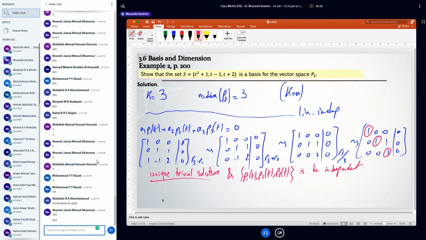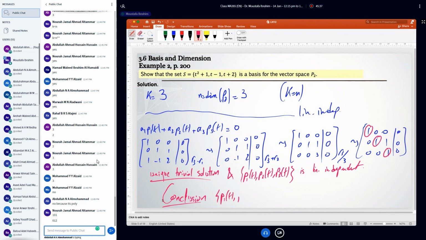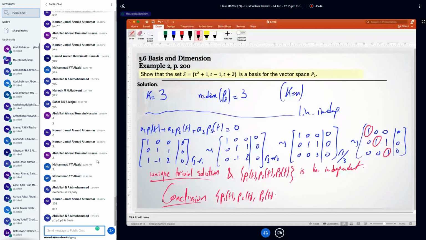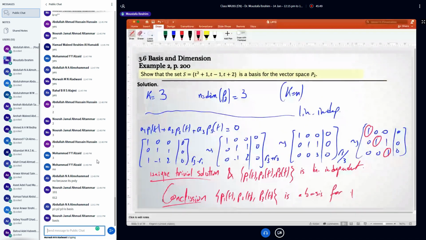No need for span. Remember before we did it with span, but now we know if k equals n, just do one of them, linearly independent or span. What's the conclusion, guys? It is a basis for P2. Understood?